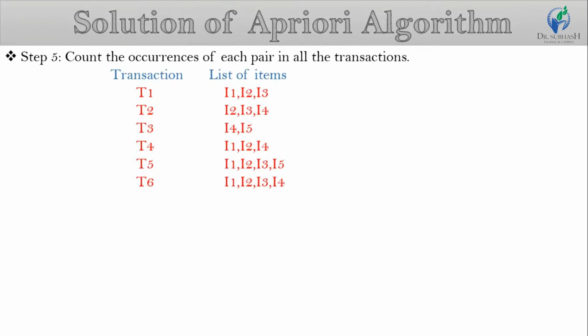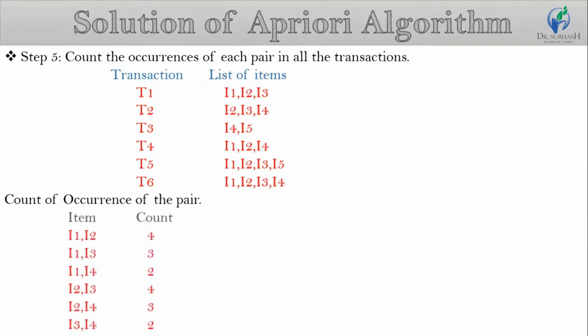So the answer is the count of occurrence of each pair. Items I1 and I2 count is 4, since they occur in transactions T1, T4, T5 and T6. Similarly, I1 and I3 count is 3, I1 and I4 count is 2, I2 and I3 count is 4, I2 and I4 count is 3, I3 and I4 count is 2.